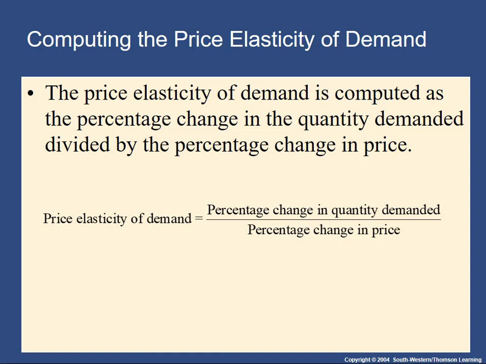So should we use the starting point as our base for the percentage or the ending point? Well, what you'll find out is economists use a method called the midpoint method or the arc elasticity method, which uses the midpoint of the range as the base for calculating the percentages.